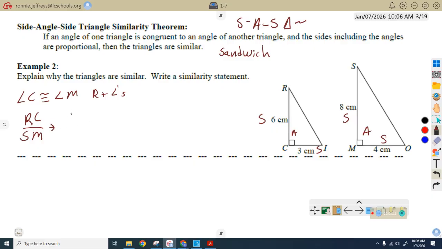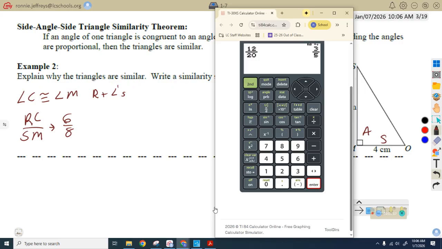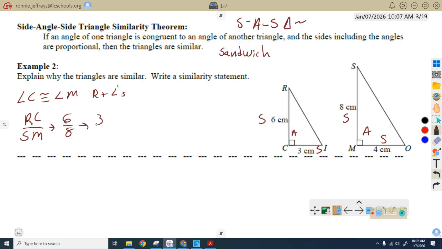Well, this is 6 over 8, which reduces down to 3 over 4. As long as the other short sides on both of them are in proportion to 3 over 4, we're going to be similar.